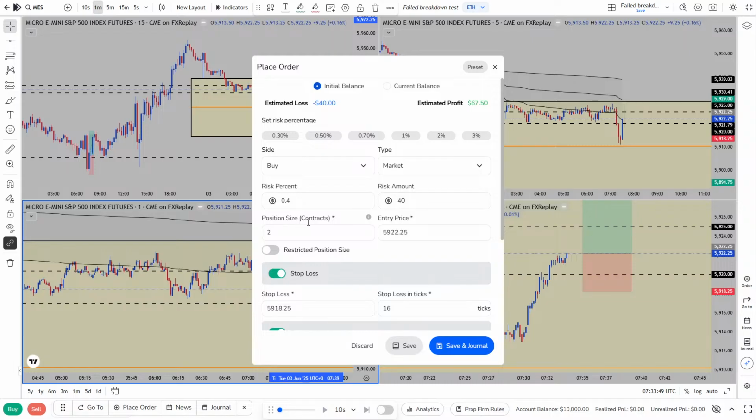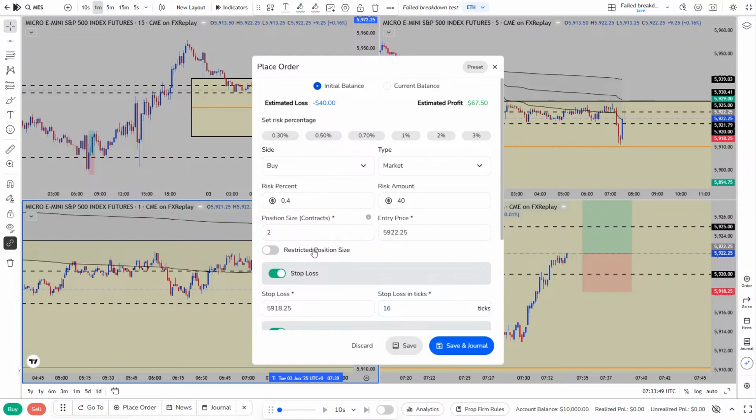So we're gonna be entering with 2 micro contracts, buy side. Here it estimates, if you say 1%, it's actually at 1,000. I say the current balance. Mm, yeah, it estimates the 10,000 of the prop firm account. Anyway, let's go for the risk amount of $40.